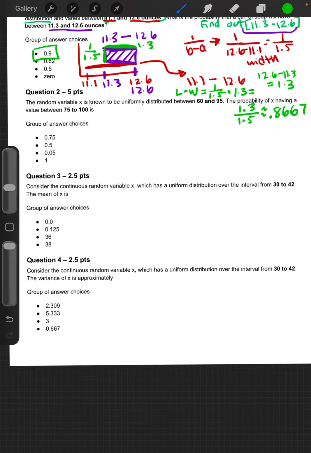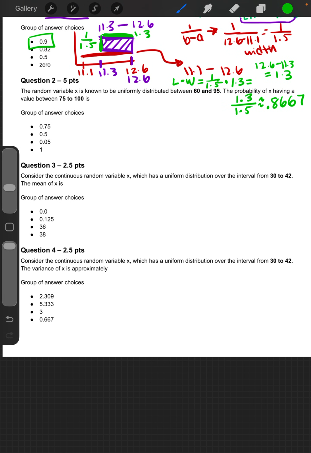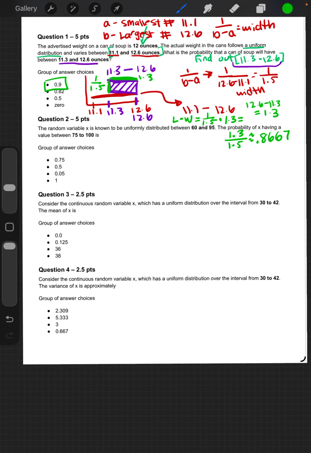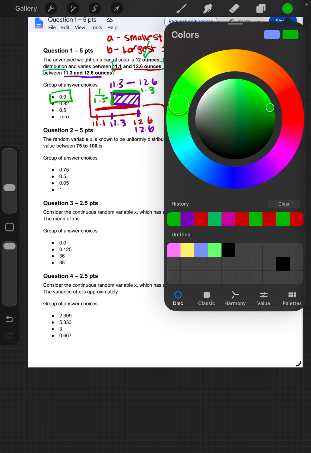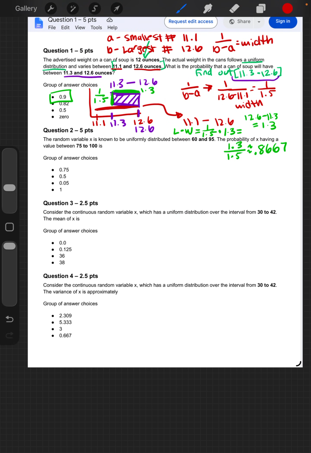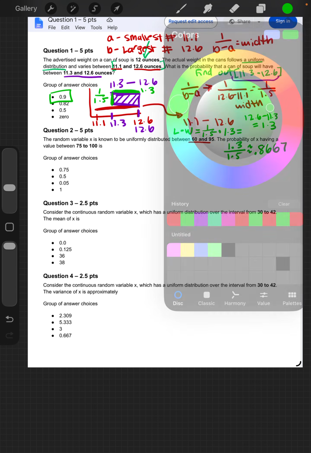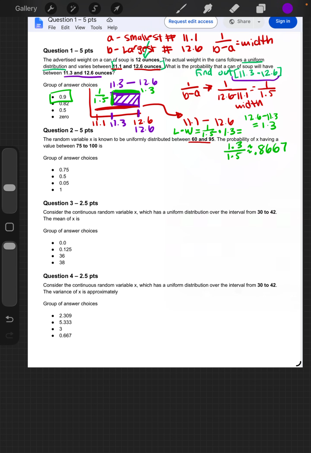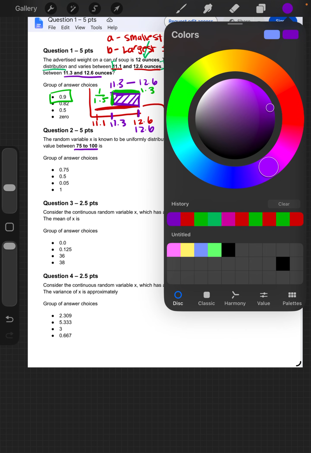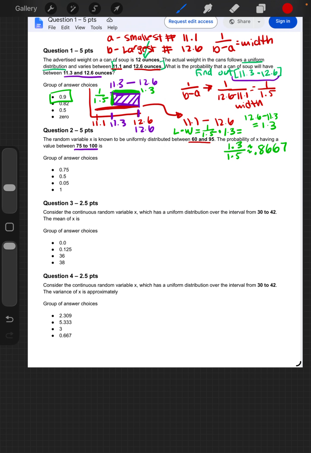Okay, and then the next one, we're kind of going to do the same thing. So we know this is the range, and we want to find between 75 and 100. So I would draw my graph, because I know this is going to be my range.